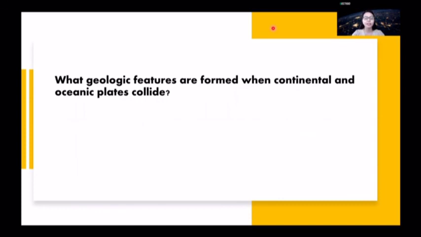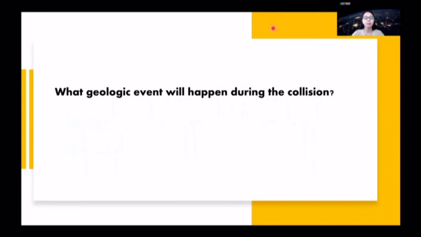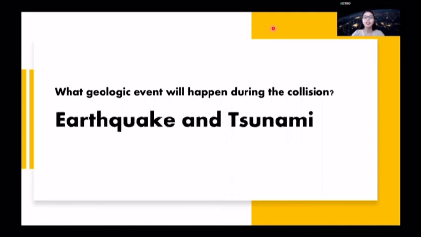The answers are volcano, volcanic arc, and trenches. Last, what geologic event will happen during the collision? The answer is earthquake and tsunami.